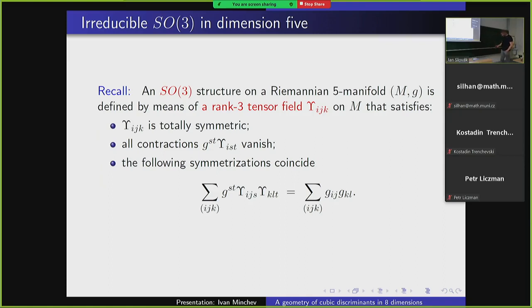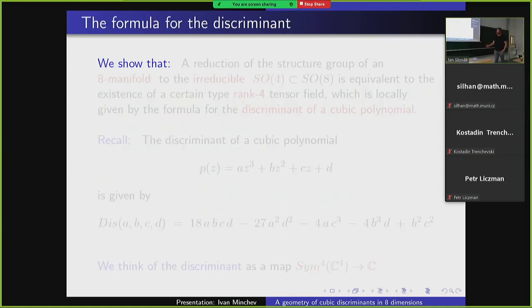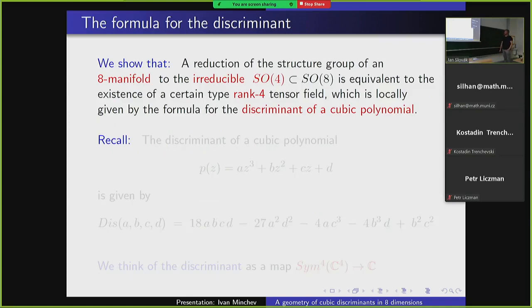But speaking in general terms, we multiply the tensor gamma by itself, take a certain contraction of this object, and then symmetrize, and in a way everything simplifies: the result is given entirely in terms of the metric tensor of the manifold, vaguely speaking. That's the result of Bobienski and Nurowski.